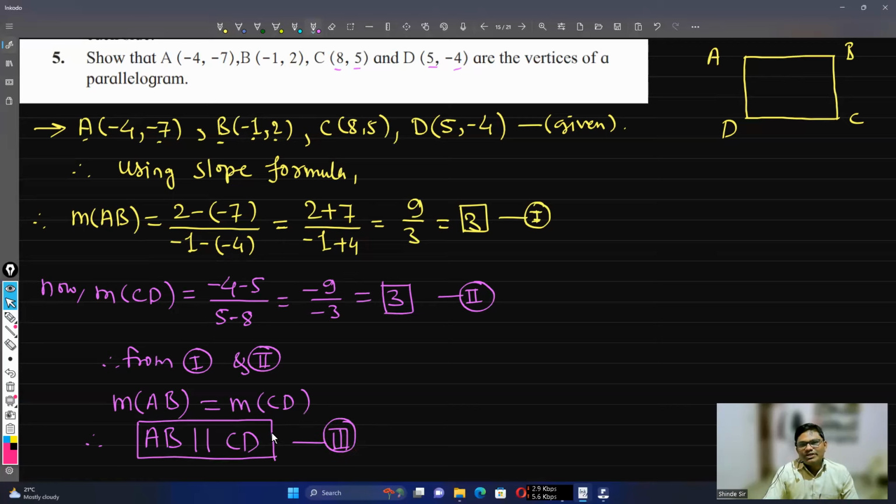Now, in the same way, we have to find the slope of AD and BC, and they must be equal if these are the vertices of a parallelogram. So let's find the slopes of those sides.